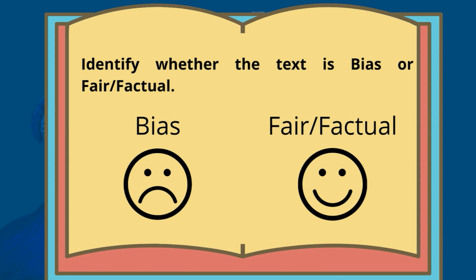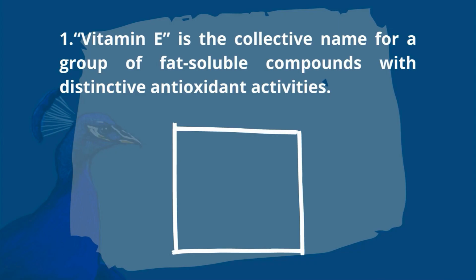In your journal, draw a sad face if it is biased and draw a smiley if it is fair or factual. You are given 5 seconds to answer each question. Number 1. Vitamin E is the collective name for a group of fat-soluble compounds with distinctive antioxidant activities.